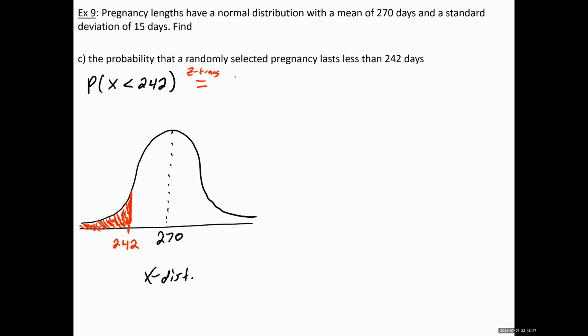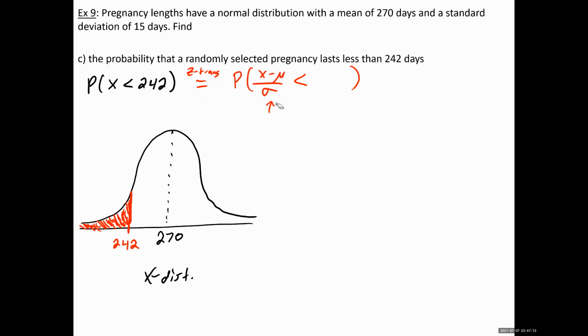Okay, so the way you do it is you copy down the P symbol, copy down the parenthesis symbol, copy down the less than. We got two spaces to fill in. What am I going to write in the first space? X minus mu over standard deviation. X minus mu over sigma.